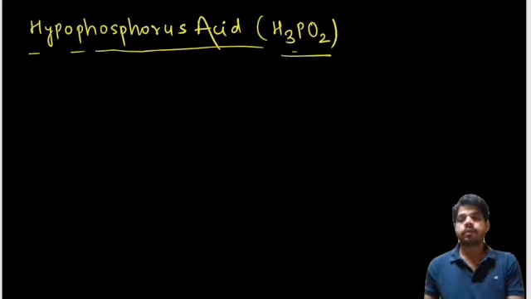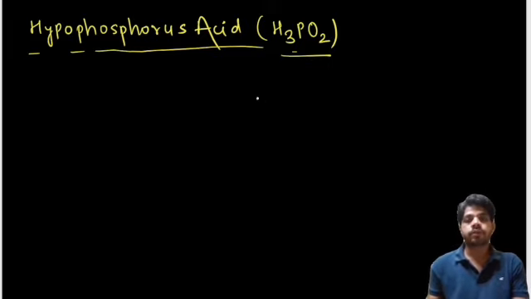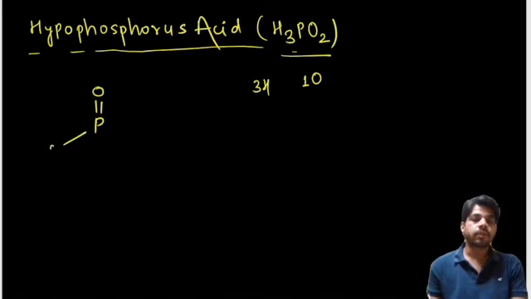Let's see the rest of this molecule. First, let's draw the structure. As I said, it is a must that we have a phosphorus double bond O bond. So let's draw P double bond O first. Then we are left with only one oxygen, and still we have 3 hydrogens. So there would be only one OH bond, because we have one oxygen that can make an OH bond.